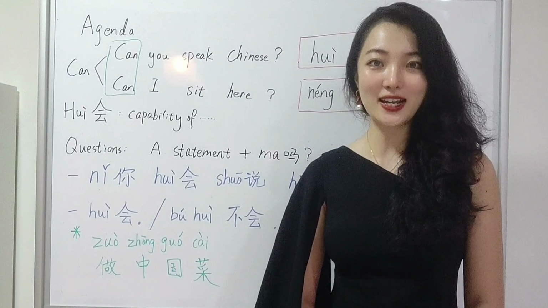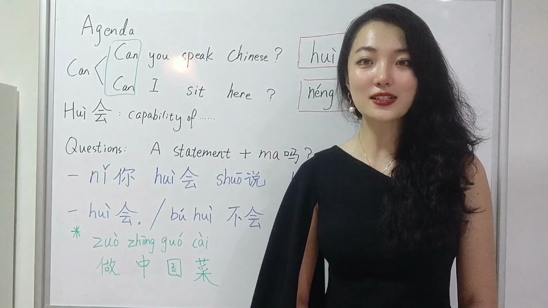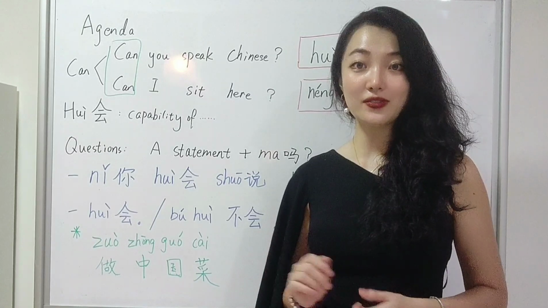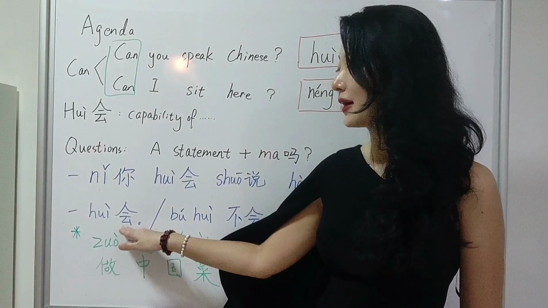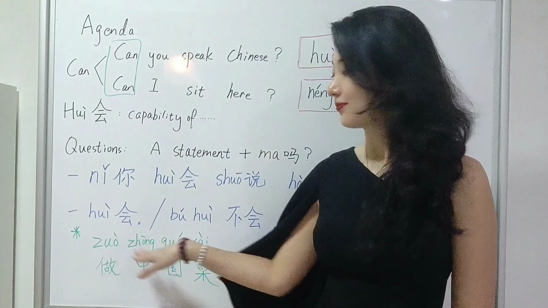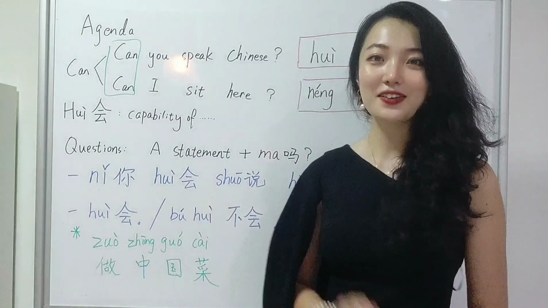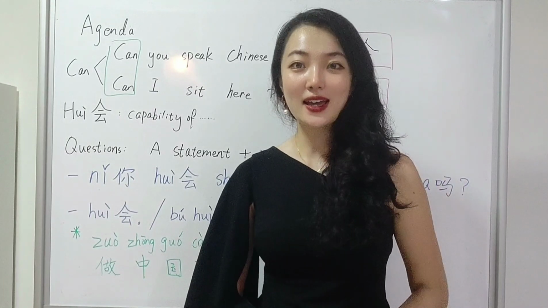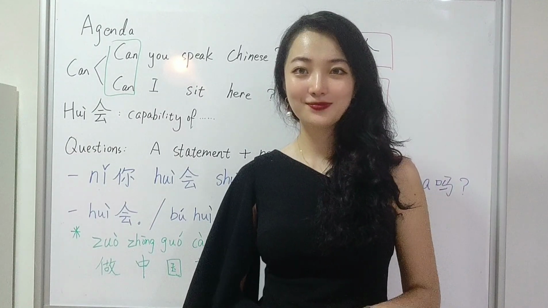Can you speak Chinese? And to answer this question, you can either answer yes or no. If it's yes, 会. If it's no, 不会. Very easy, right? So, have a try at how to say, can you drive?